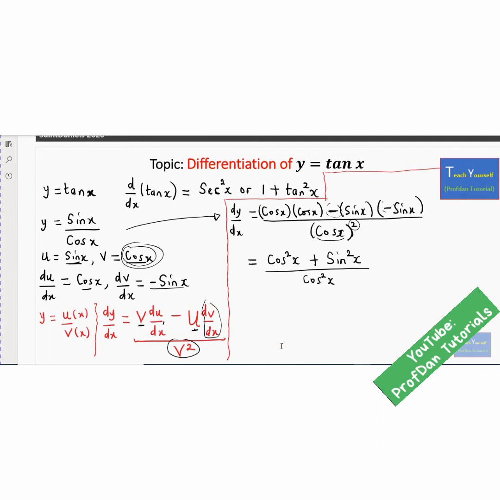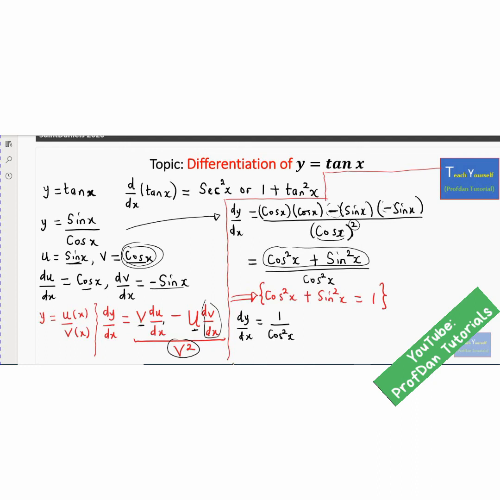In trigonometry, we can also recall that cos squared x plus sine squared x is going to give you 1. It's a standard identity that has been proven in trigonometry. So dy/dx will now be, the whole of this is 1 from trigonometry, 1 over cos squared x.